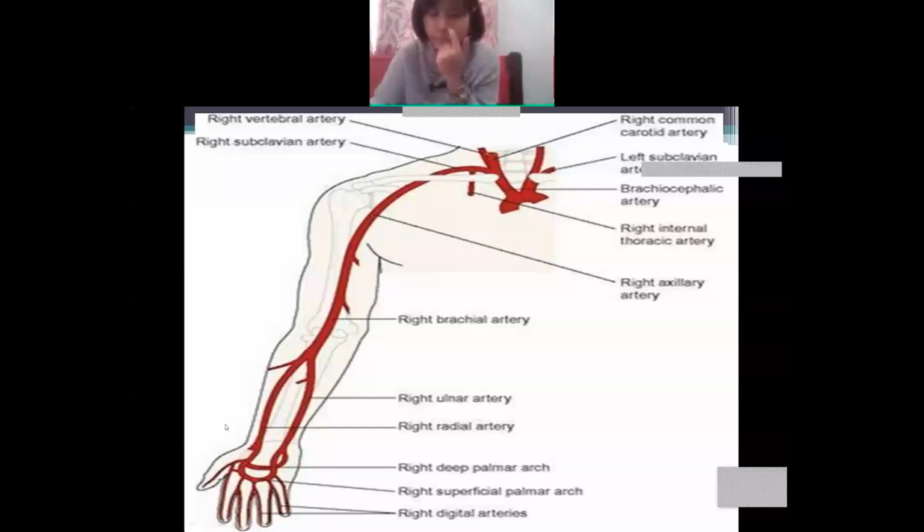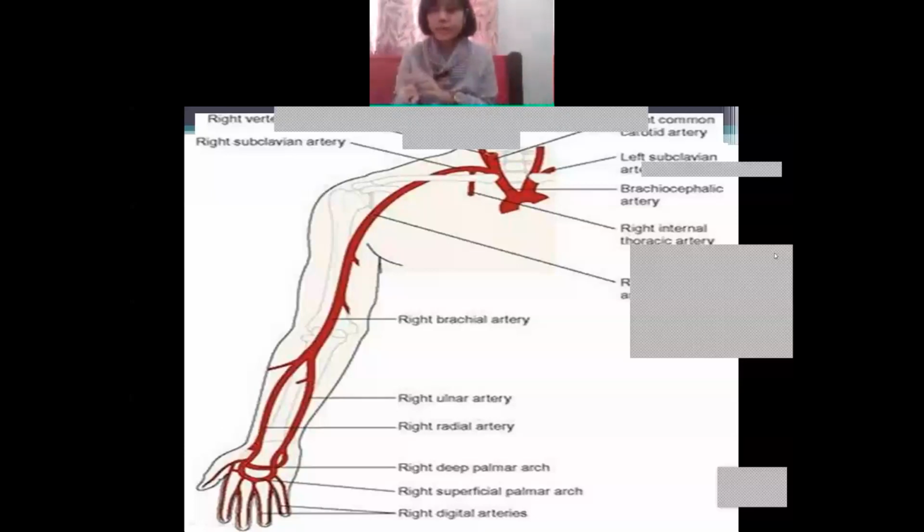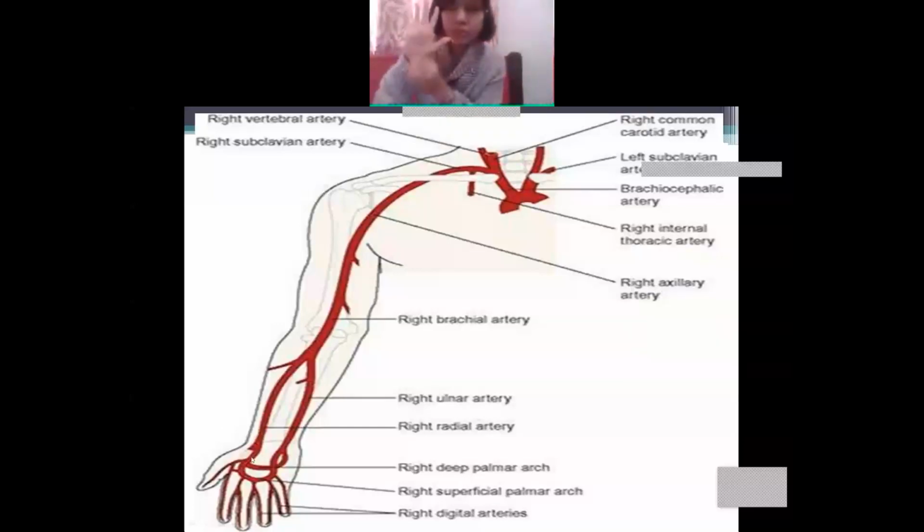So this artery, the radial artery, will go and pass into the metacarpal bones. You remember, no? First carpals, metacarpals, all these. First, it will come to the metacarpal bones, and after that it will enter the palm of the hand.